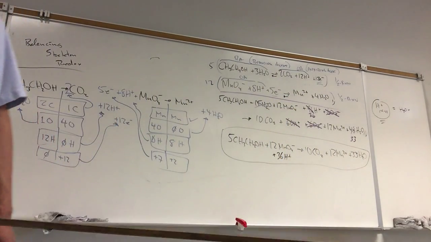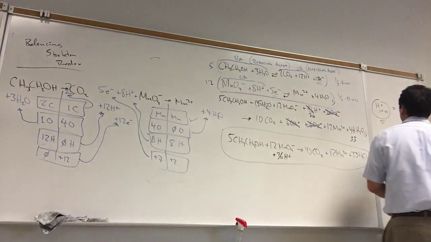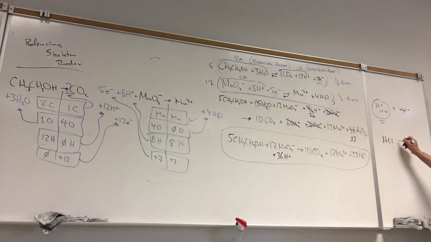And so, for example, HCl would be the acid. Its conjugate base would be, well, H plus is not the base, but Cl minus. So this is what we call a conjugate pair. The acid and base form a conjugate pair.